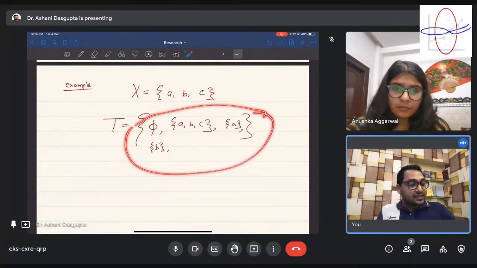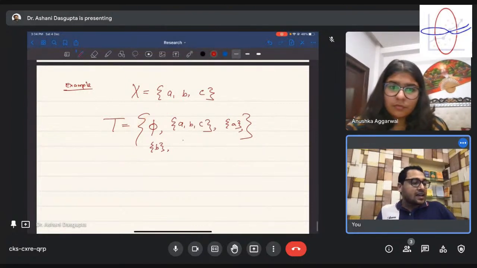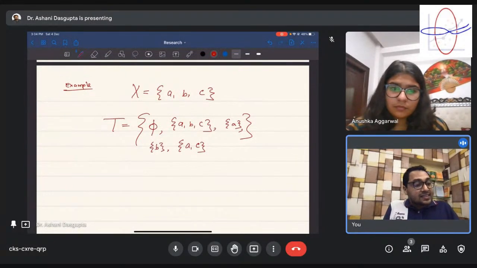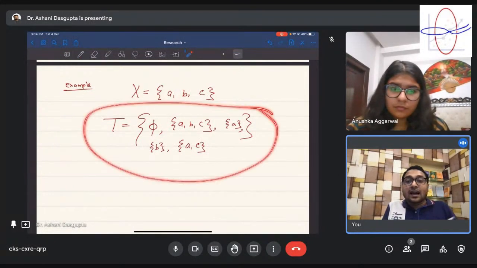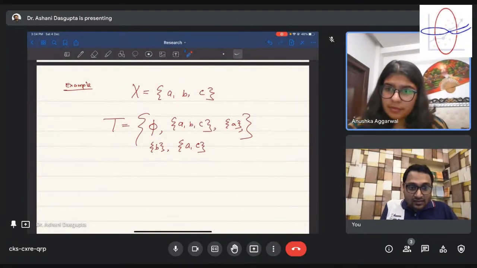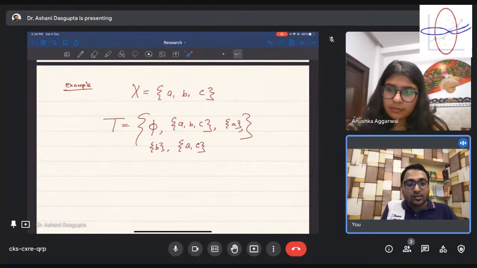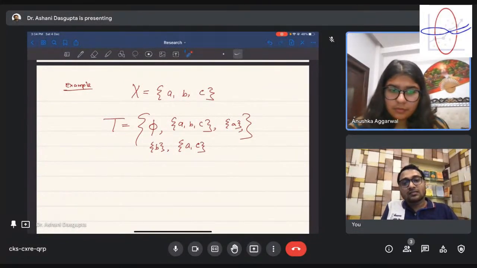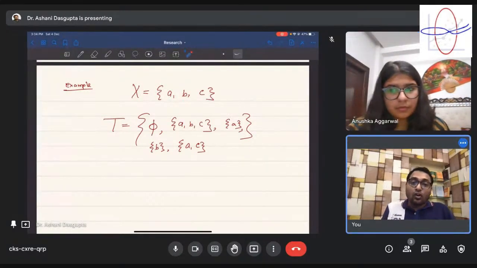Suppose I put singleton set A, singleton set B, and maybe I put AC. Is this collection T a topology on X? Yeah, it is. Okay, think a little bit about it. Does it have all the desired properties?